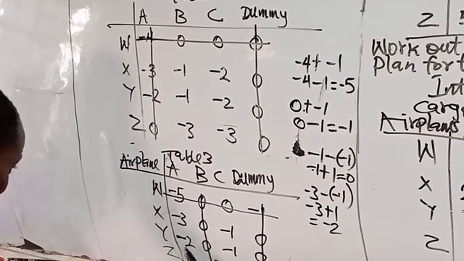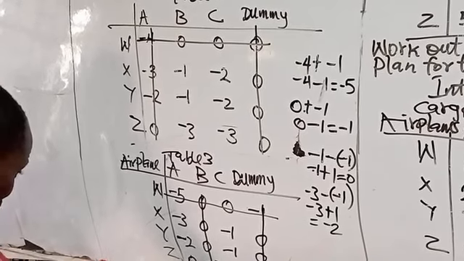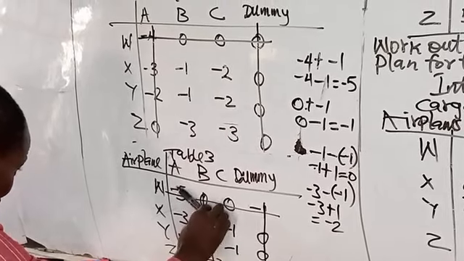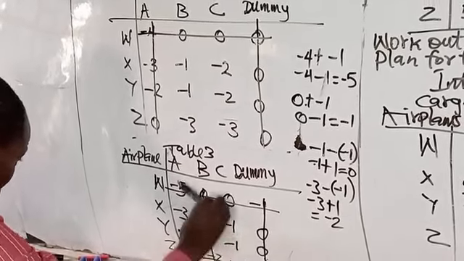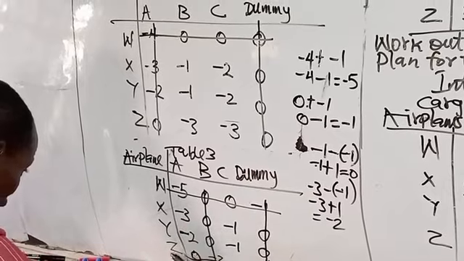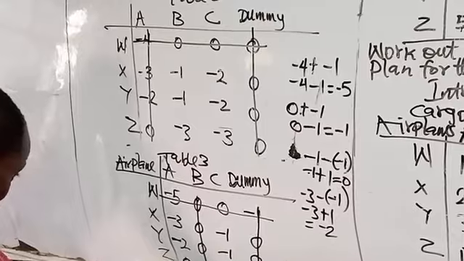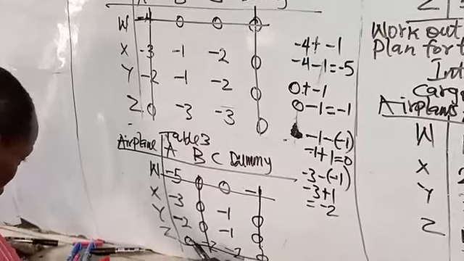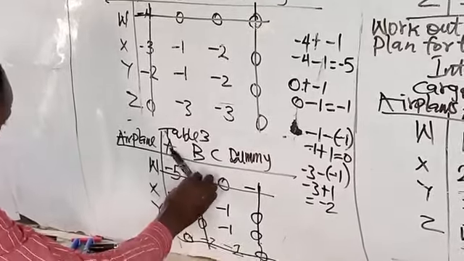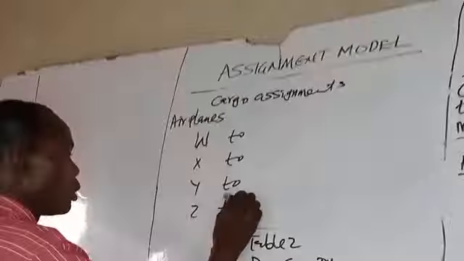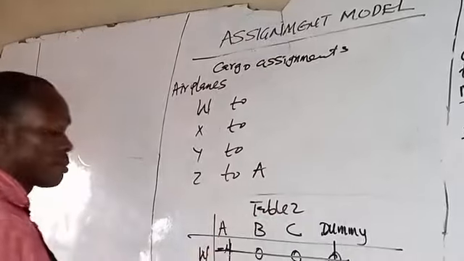Apart from Z, no other number can be assigned here, so we consider assigning Z to A first. Z will be assigned to A.